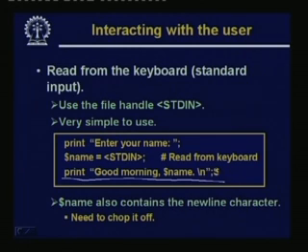What you will see is that it will go to the next line, but there will be one additional blank line in between, as if two new line characters have gone in. The reason is that the name itself had one new line character at the end, the carriage return.